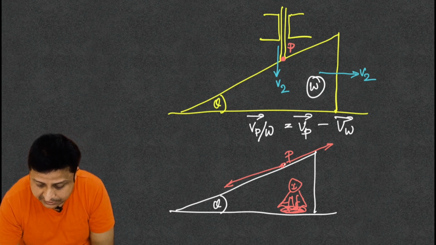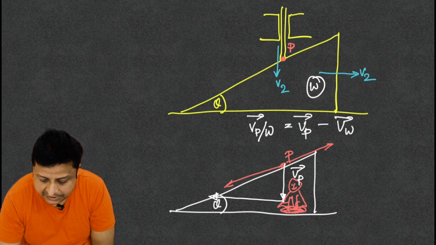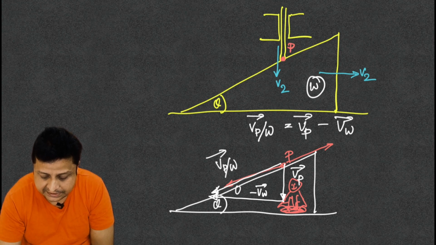So यहाँ पे ड्रॉ करता है Vp, यहाँ पे ड्रॉ करता है Vp and minus Vw. ये देखो minus velocity of wedge. So this becomes the velocity of point P with respect to wedge and this angle is theta.